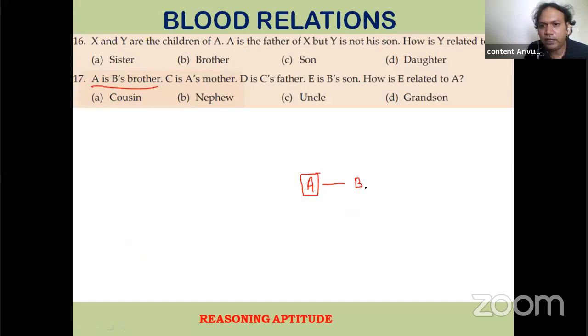But we don't put anything around B because we don't know the gender of B, okay? Now, C is A's mother. Now parents and children we link using a vertical line. C is A's mother and D is C's father.